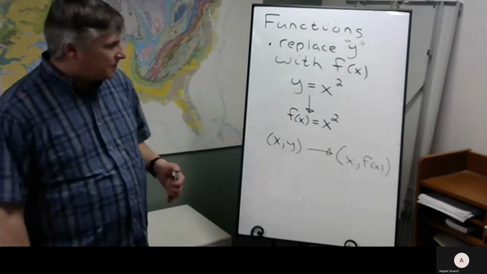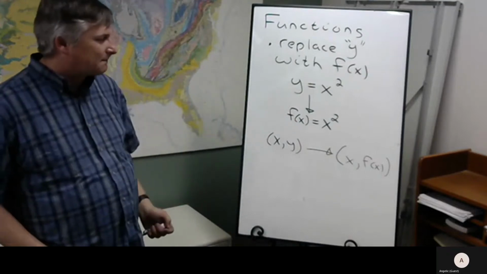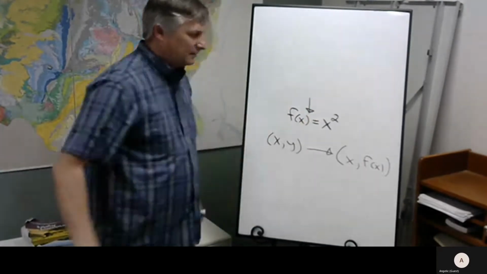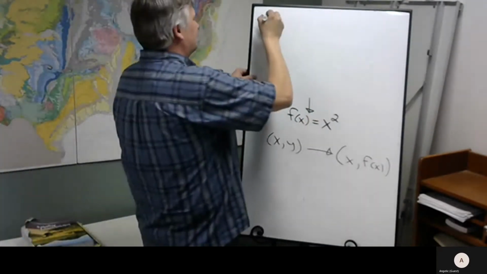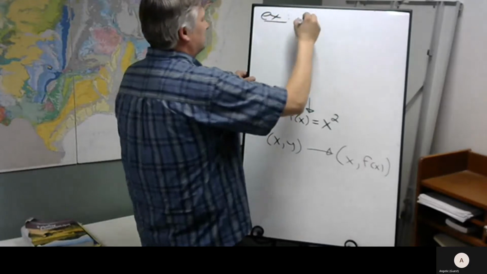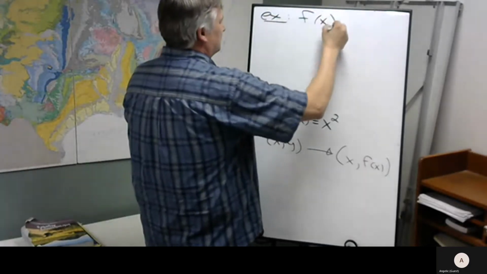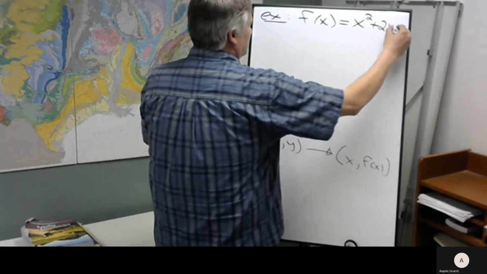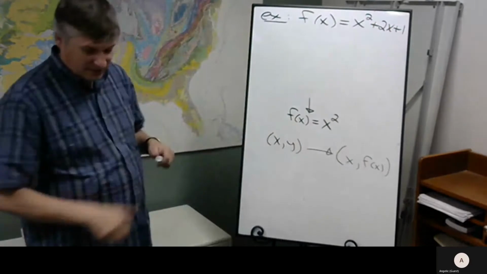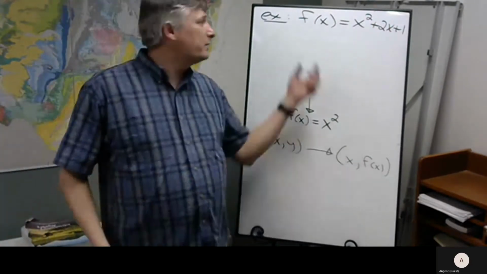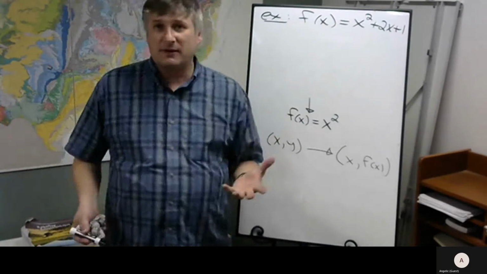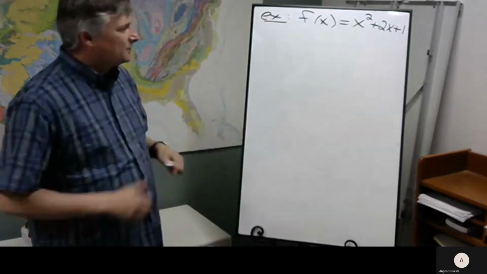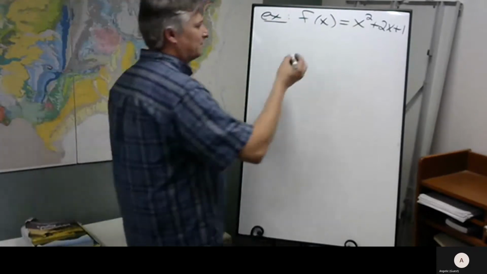Now, there's a little thing with the notation here, and this is kind of a neat thing. Let's say we have this. So this is our function. Now, in the past, we would have y instead of f of x. So what we'll do, you'll see us do this.